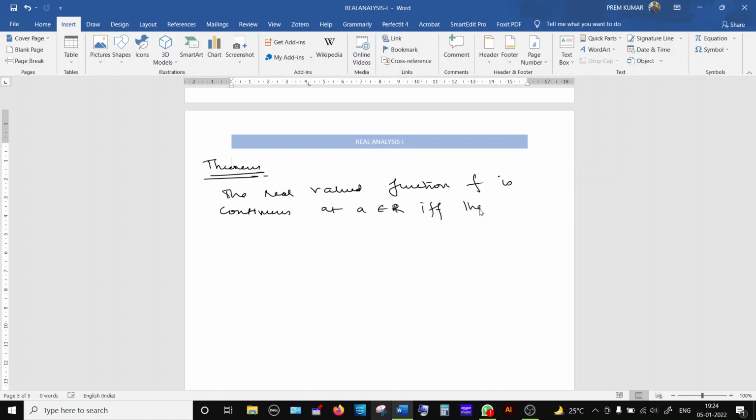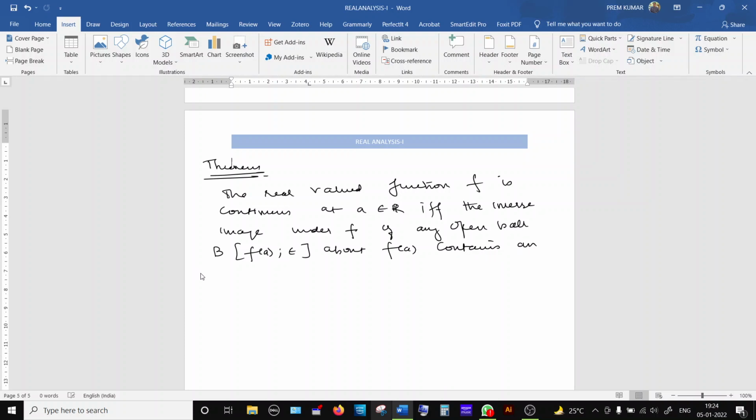If and only if the inverse image under f of any open ball B of f of a, called an open ball about f of a, contains an open ball about a.